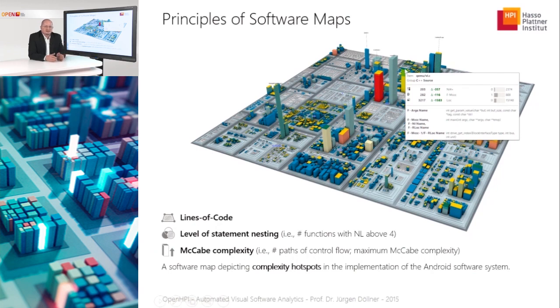In this case, the theme is complexity hotspots. As we can see, there's also an explanation. For example, when the user clicks on this cuboid, then the information tells how these metrics have changed, how these measures have changed between the current and the last revision of the software system.